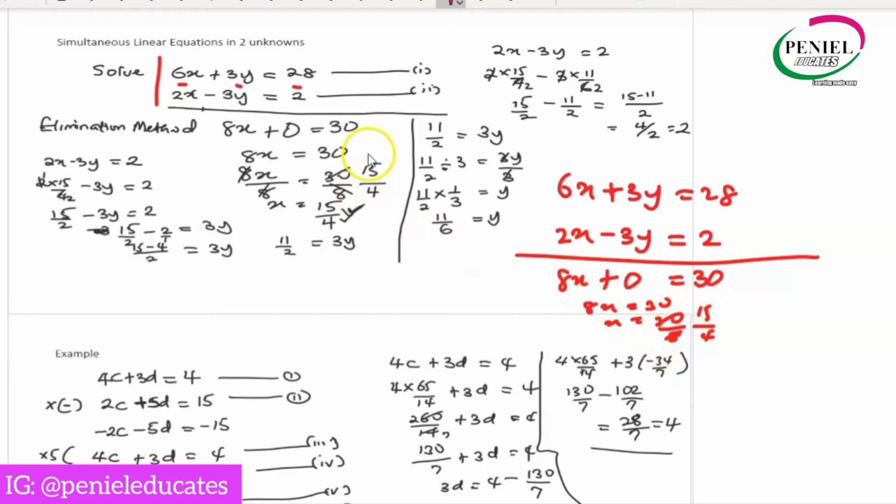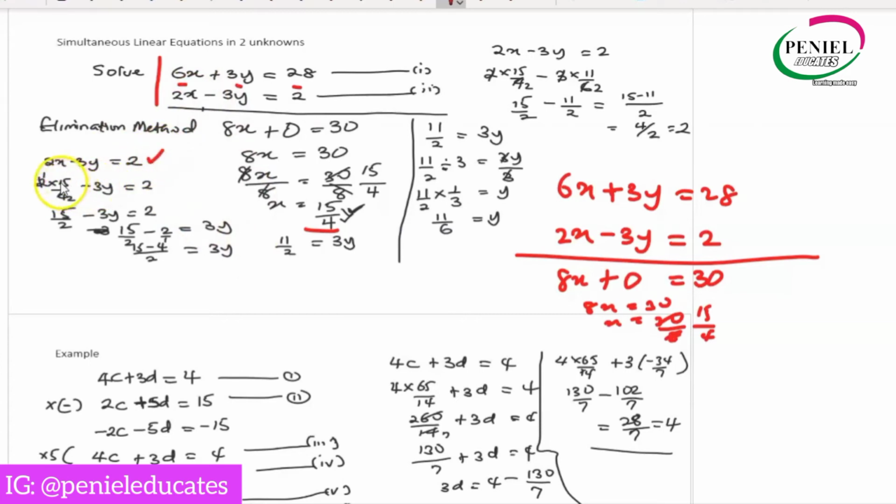Now once I've gotten my x to be 15 over 4, I then need to substitute it. I can substitute it in any of the two equations to get my y. In this case, let's use the second equation: 2x minus 3y is equal to 2.